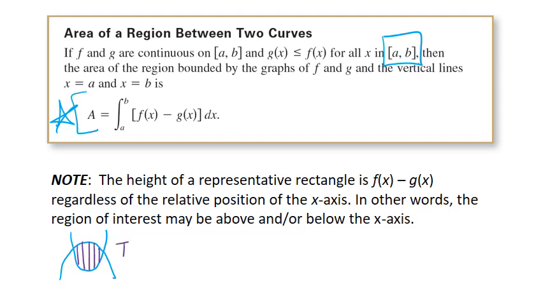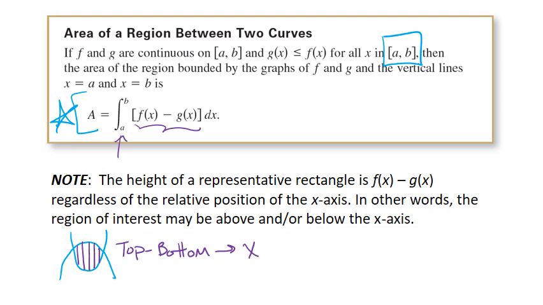So if you have a top minus bottom case like this one, then everything is going to be in terms of x. That means your functions are in terms of x, and your limits of integration are in terms of x. There are cases, however, where the top minus bottom might change.